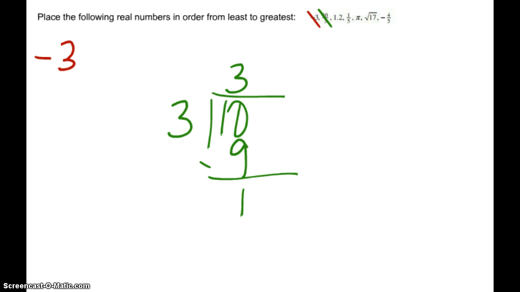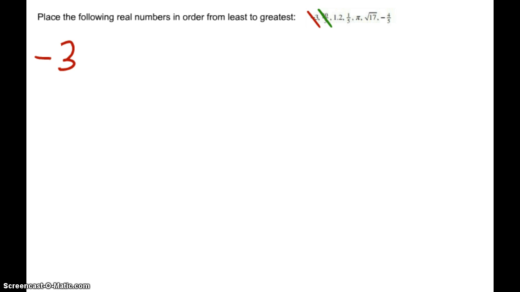And so when you divide that out, good grief, you get 3 and 3/10 repeating. So I'm going to write 3 and 3/10 repeating as my 10/3.